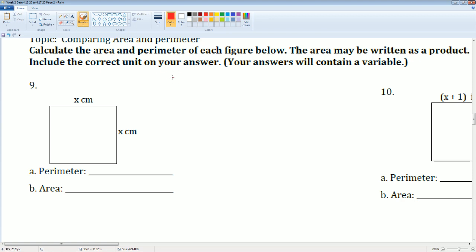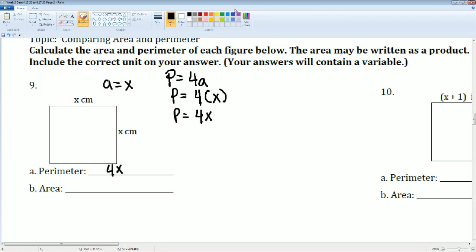The perimeter of a square is defined as A plus A plus A plus A, which in short was just perimeter equal to 4A. A in this case is X. So make that substitution in. So P is equal to 4X.